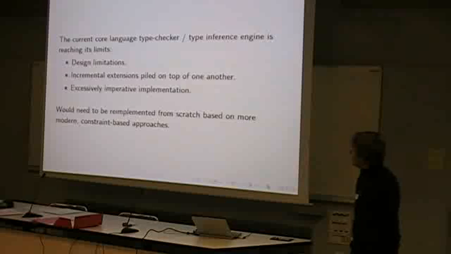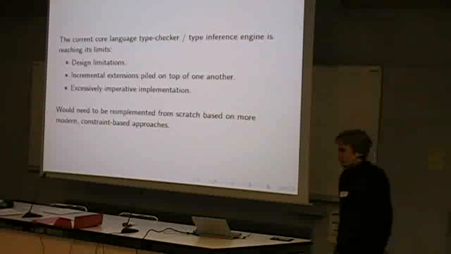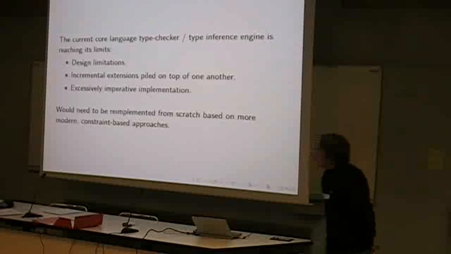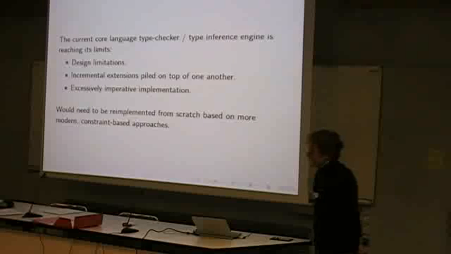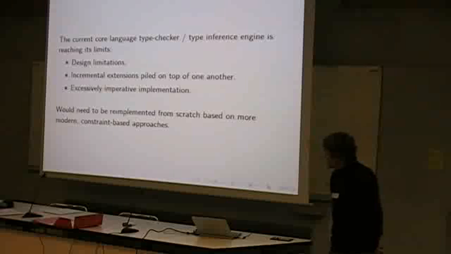The way the type inference engine was developed is by piling incremental extensions on top of one another. And the implementation of the data structures we have is excessively imperative, which is extremely error-prone.